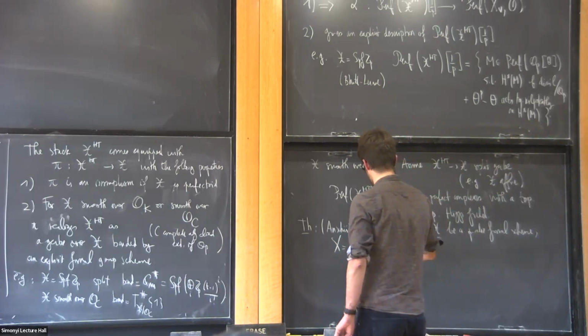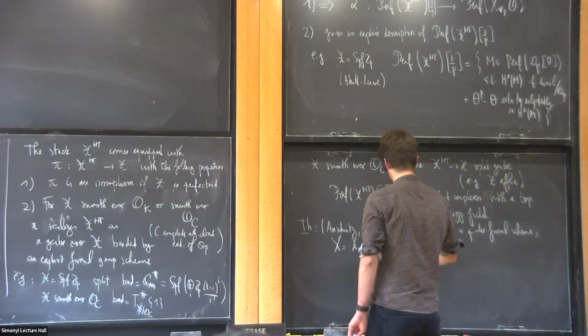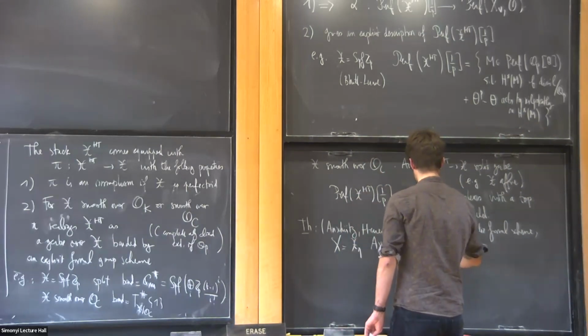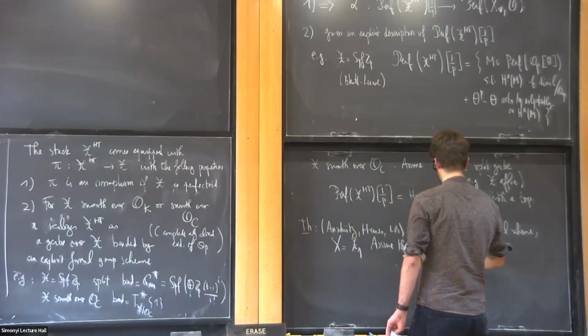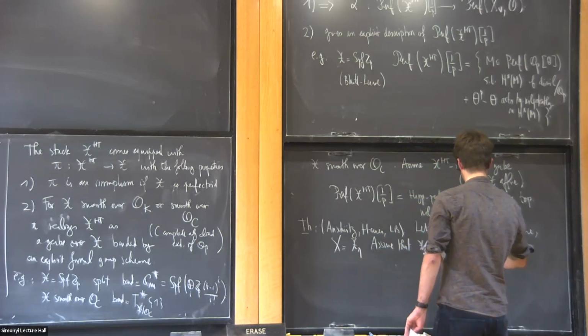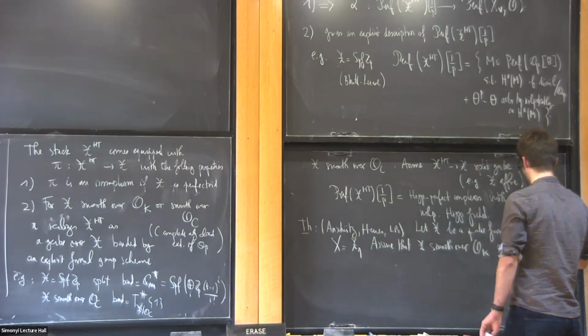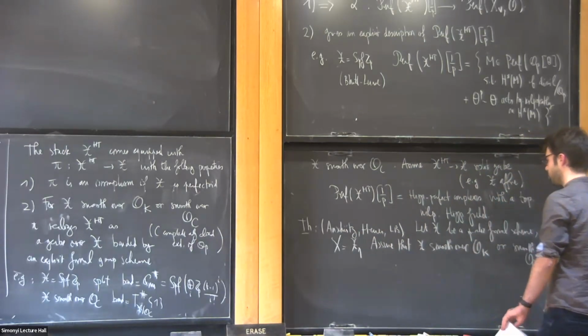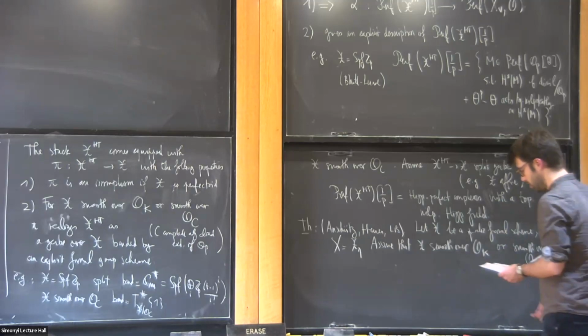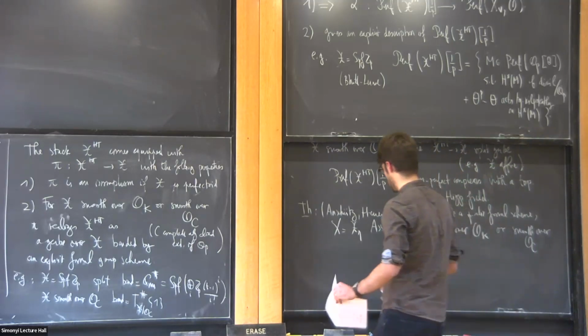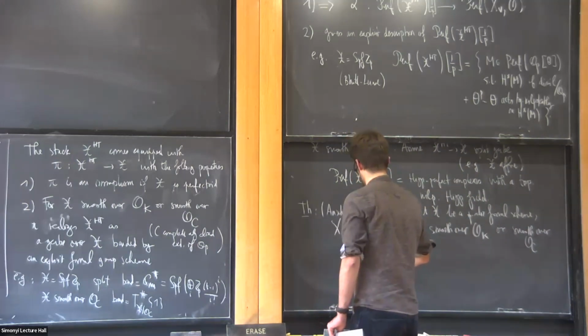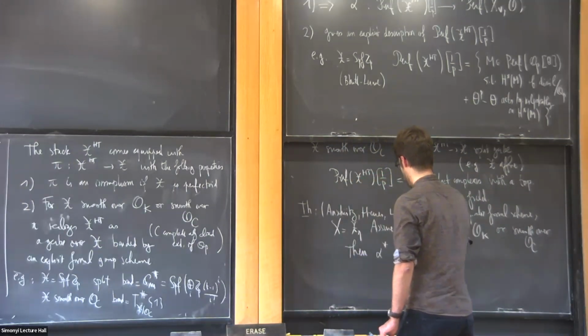And assume that either X is smooth over OK or smooth over OC, or more generally any integral perfectoid ring. And then we prove that the functor is fully faithful.